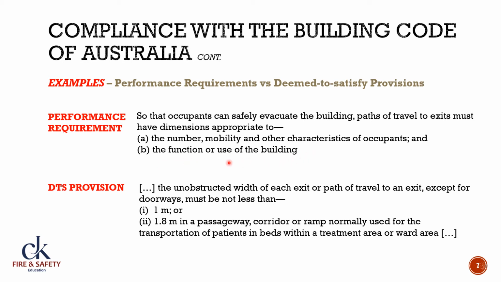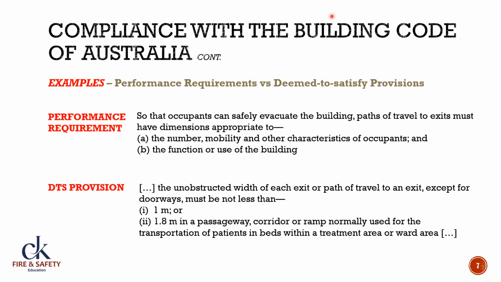So this tells us that performance requirements give us freedom to design a building in a manner we want, provided that we consider its specific use. So in other words, any design needs to be appropriate for the building use and its occupants.